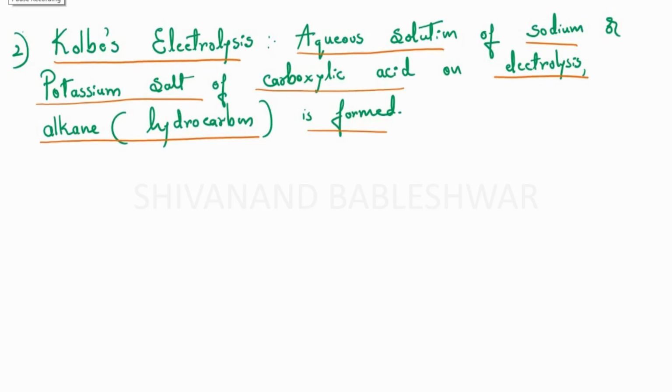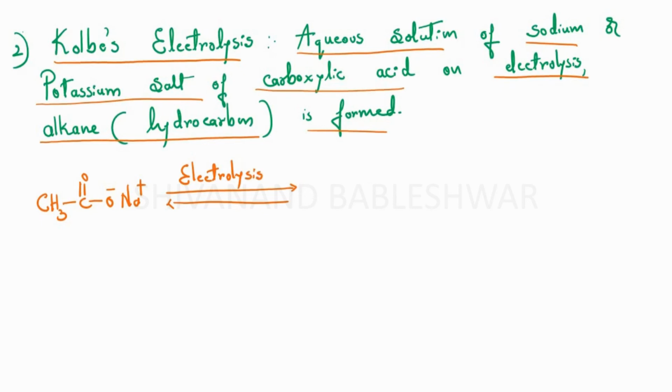Now let me write the dissociation of that salt of carboxylic acid. So first reaction I'll be taking an example of sodium acetate, CH3 C double bond O minus then followed by Na plus. So we are subjecting it to electrolysis. Then we are having the anionic part, CH3 C double bond O minus then followed by Na plus.